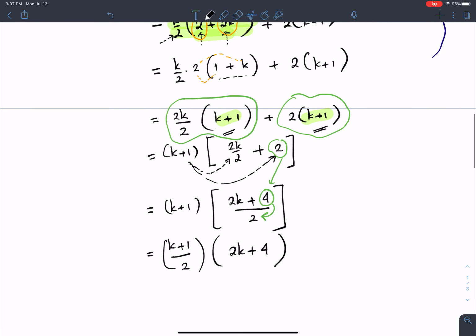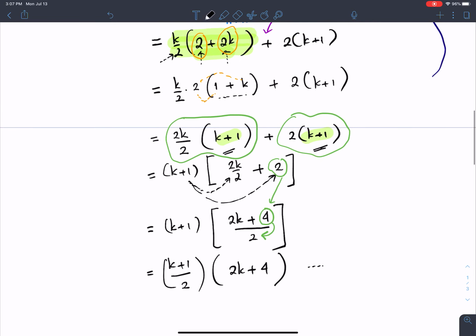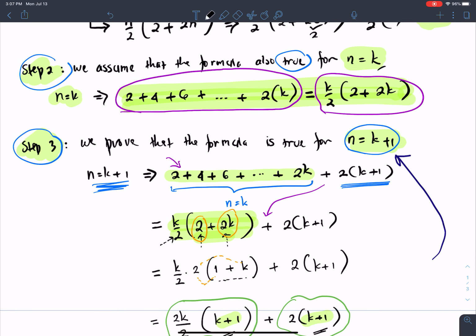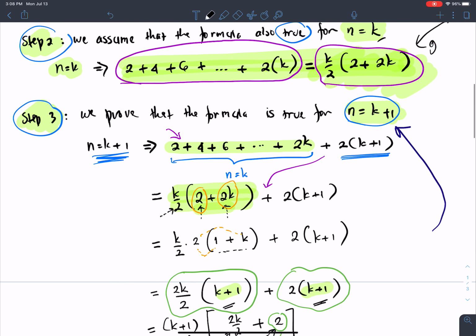Now our goal, our goal is this one. Let me highlight again to you. This is our goal over here. So we have k plus 1 over 2, times 2k plus 1 over 2. Okay, this is the goal.